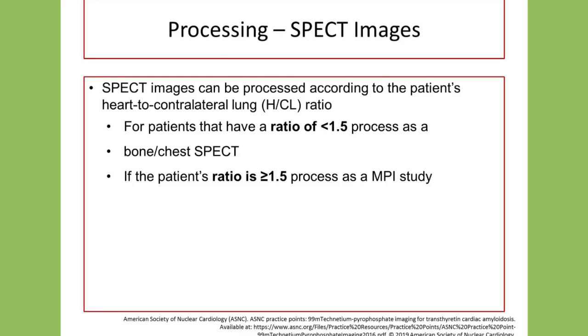Most labs now have gone to just processing it as an MPI study. The difficulty with this becomes, if there's no cardiac activity, knowing where to do your reorientation. So again, it's understanding how the whole process works and then making a determination based on all of the information and what we see with our patients.